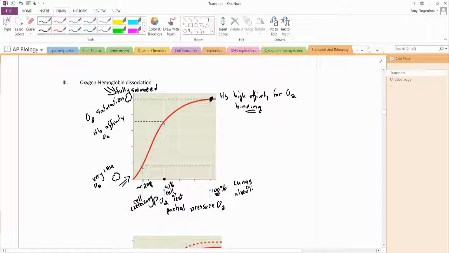Now, if we start to drift down, maybe at the 80% level, it does lower a bit, but there's something very interesting about this part of the graph.